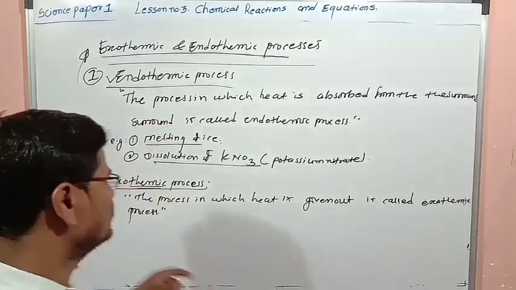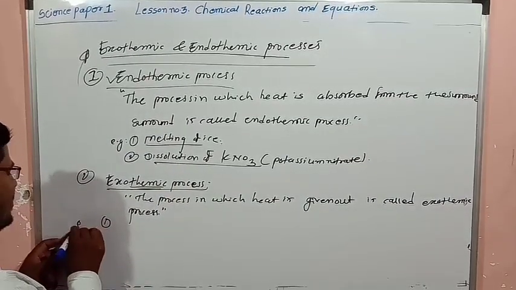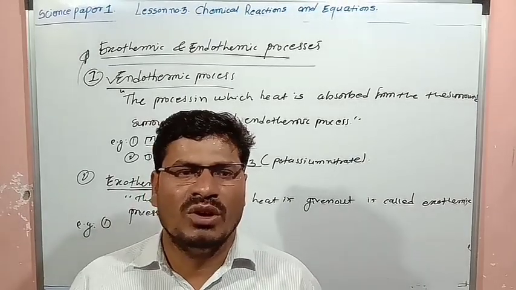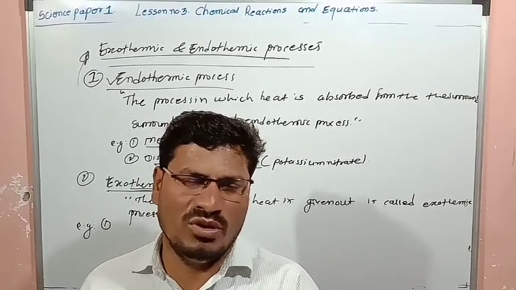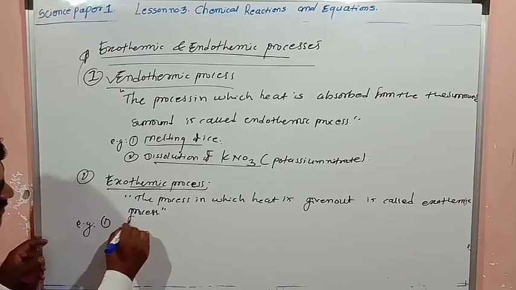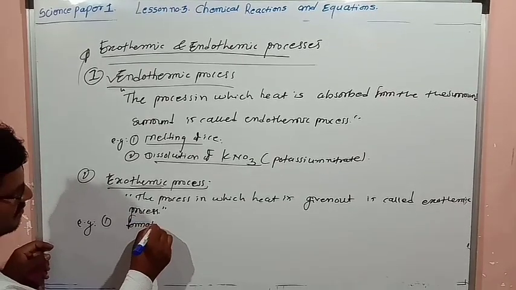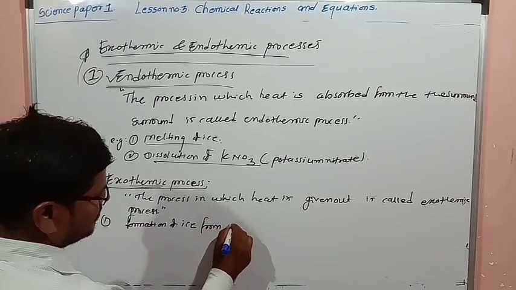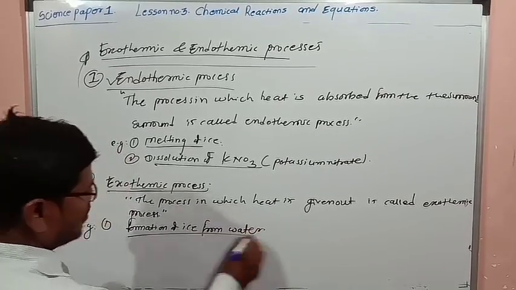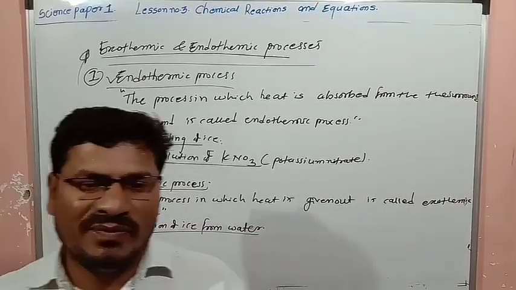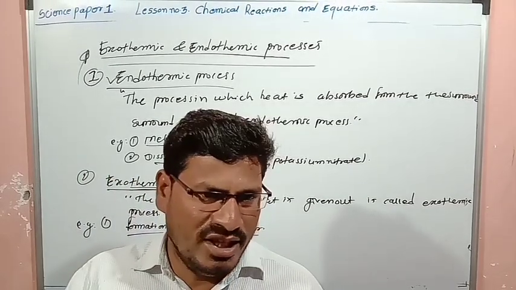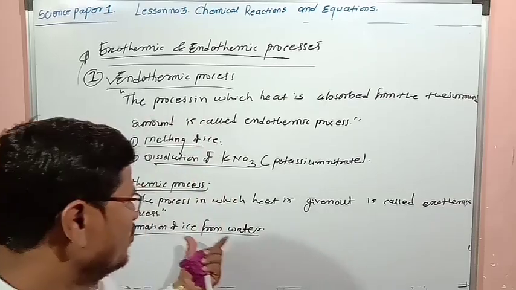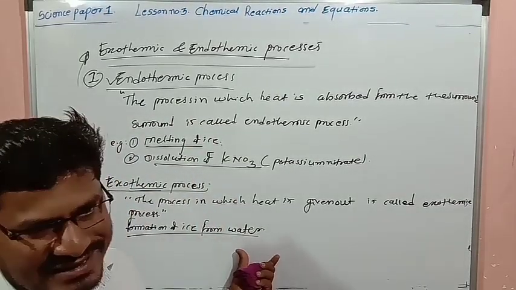After this we are going to take examples of the exothermic process. First example is the formation of ice from water. When you keep water in the refrigerator, then heat is removed, heat is given out, and then water gets converted into ice.